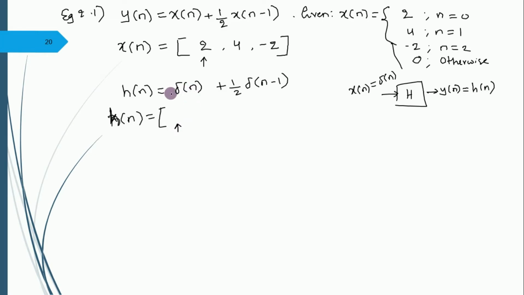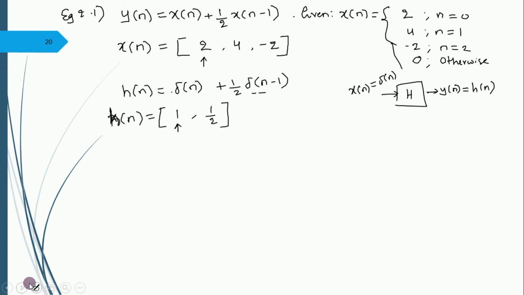This second term goes to 0 only when n is substituted with 1. So when n is 1, this whole goes to 0. Delta of 0 is 1, so 1 into half is half. So we could construct x of n as well as h of n. Once we have these two things, we can go for further solution.